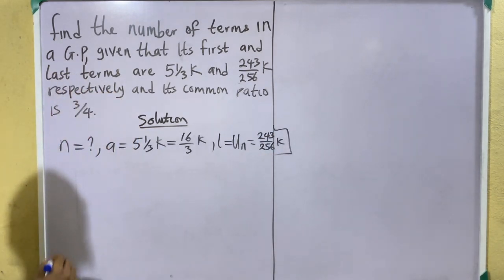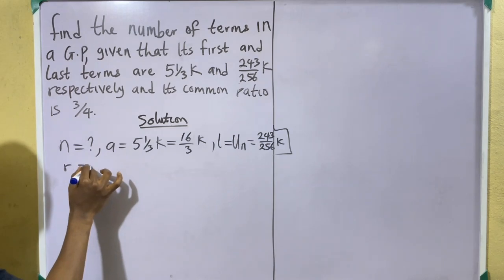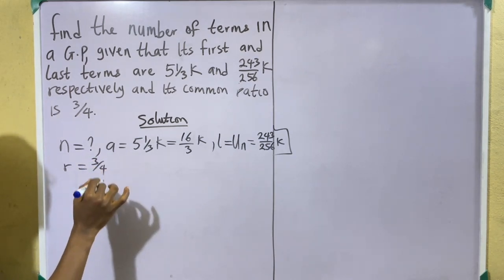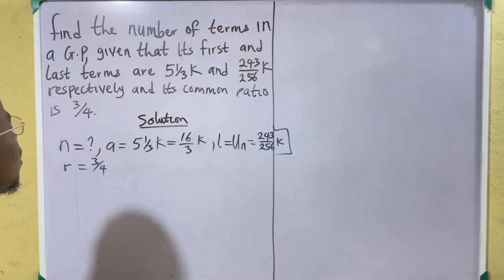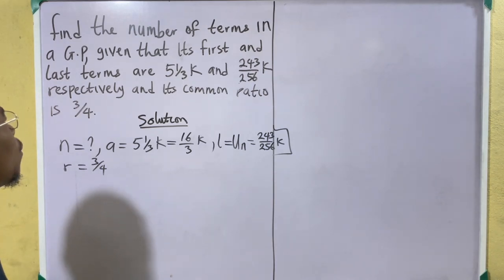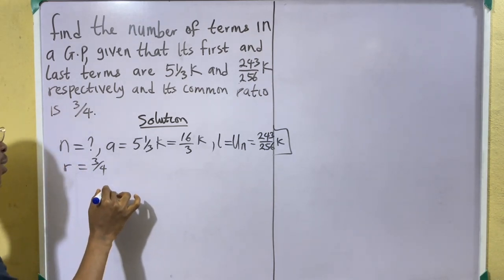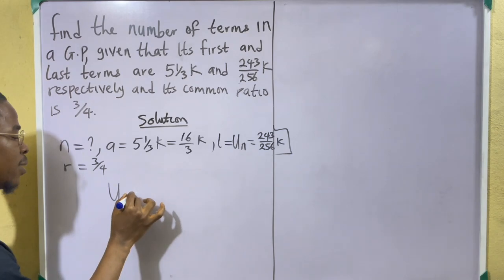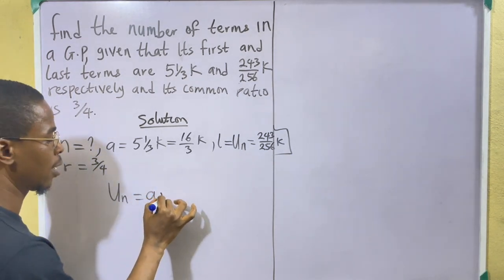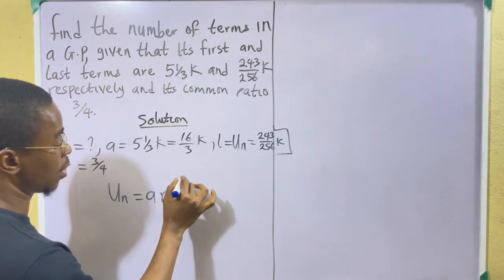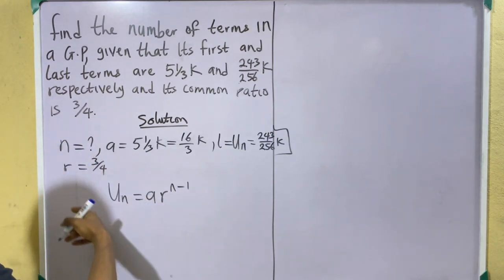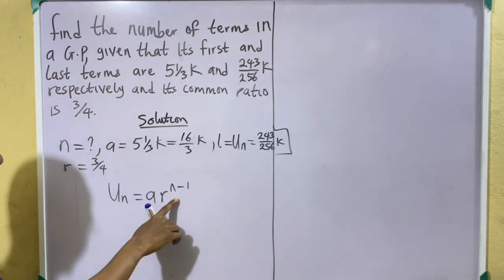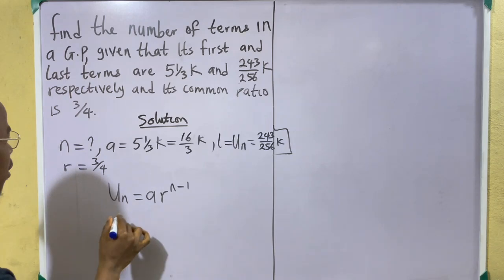What else again was given? That's our r, 3 over 4. Now that we've written out all that was given, remember the formula for the nth term of a GP. It is un equal to a r raised to n minus 1. So we can input the values for these. We know that n is missing, so every other one here has a value.